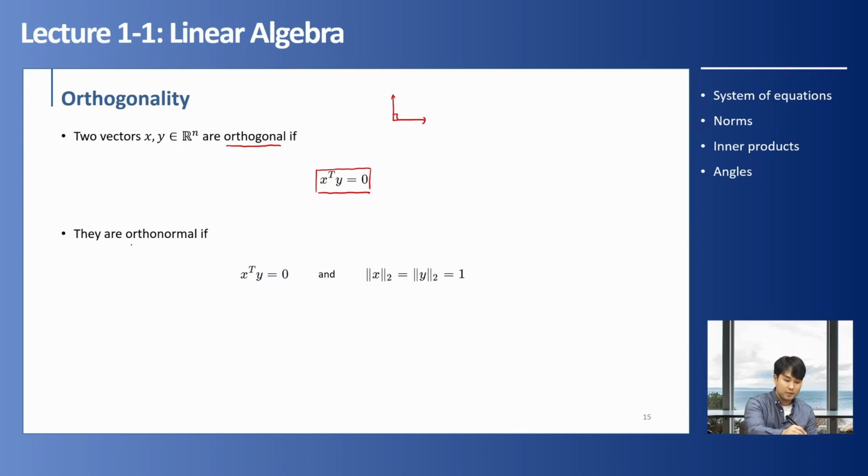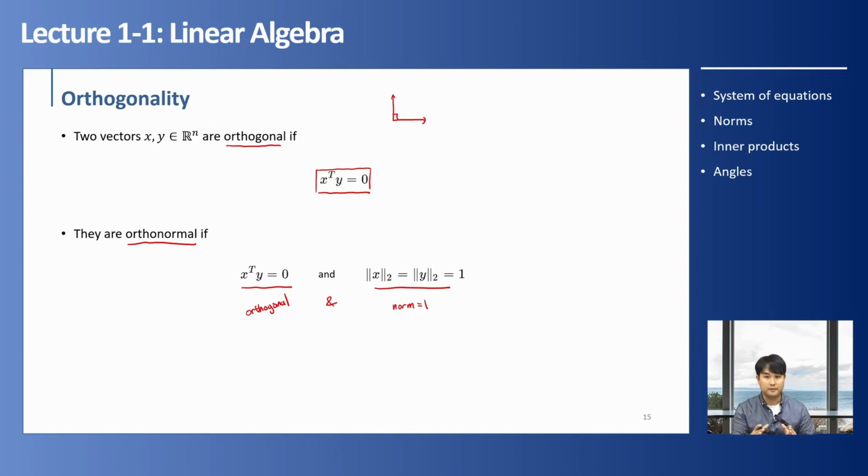And then we have another special case where two vectors are orthonormal. Now, by definition, two vectors are orthonormal if they are orthogonal and the norm of each vector is equal to 1.